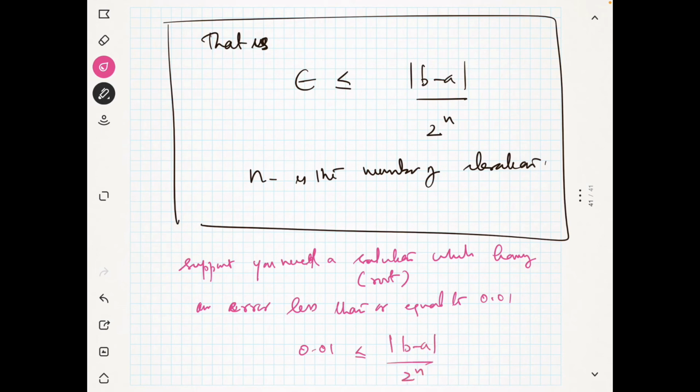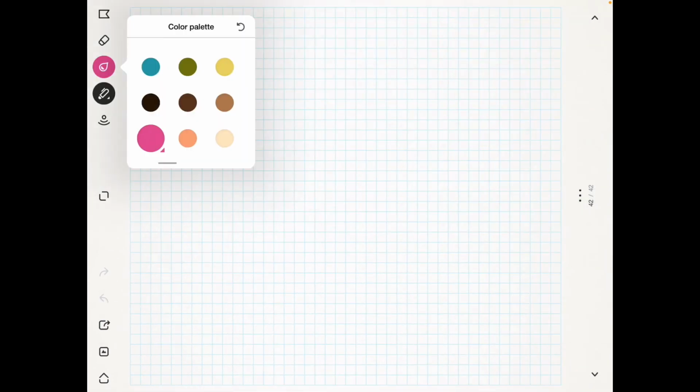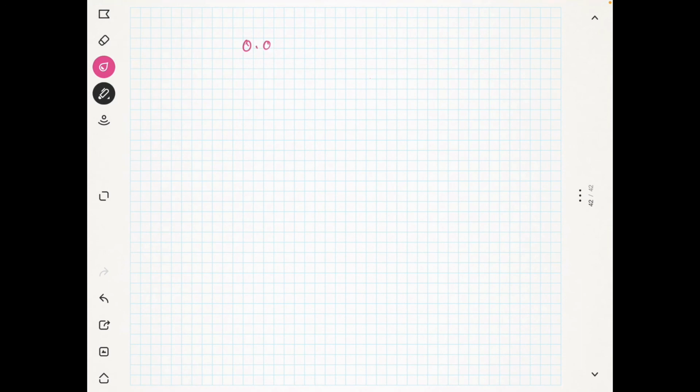From this you can calculate, if you solve this equation and find n, how many iterations you need. Okay, so here I will show you. If you need an error less than or equal to 0.01, then it becomes b minus a by 2 power n.